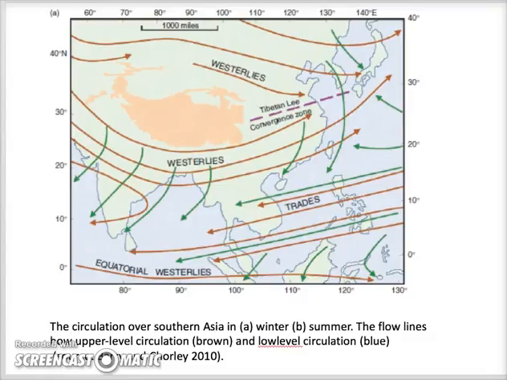Air subsides beneath the exit of the subtropical jet stream due to high level convergence as the air slows down, and this sinking air gives rise to the low level northeasterly winds that flow out of India over the Indian Ocean.